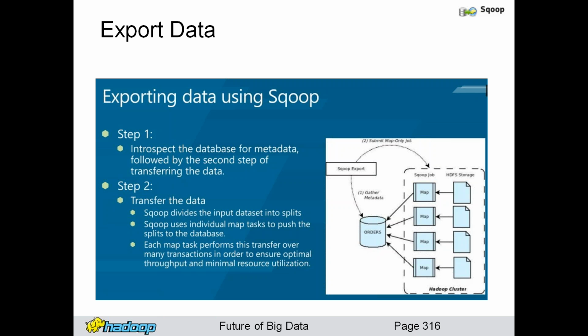Introspection of the database for metadata is followed by the second step. Here in the diagram, step 1 is gathering the data, and step 2 is transferring the data. Sqoop divides the input data set into splits, and divides it into individual map tasks to push the multiple splits into the database.